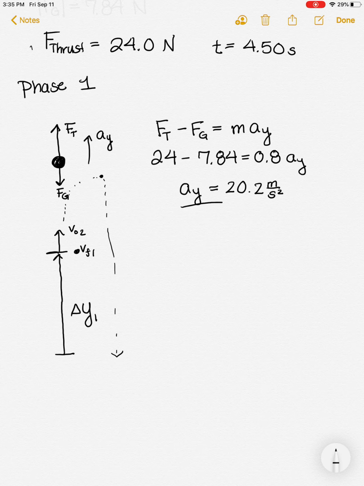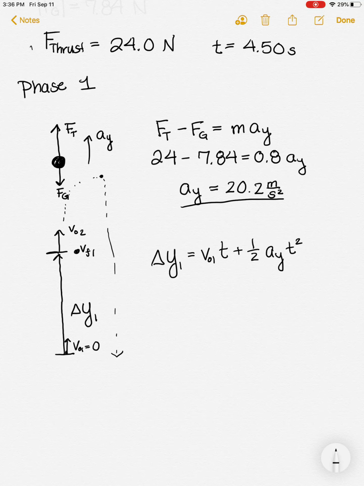So the first step is to find delta y1. Here we have a constant acceleration because we have a force. And so then we have essentially delta y1. We're going to assume that there is no initial velocity right here. So v01 is equal to 0. So then we have v01 times t plus 1/2 ay t squared.